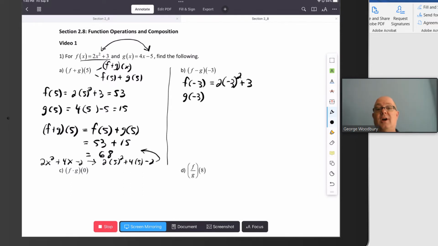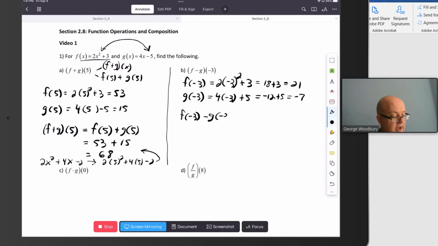That's 2 times 9, or 18, plus 3, which is 21. When I substitute negative 3 into g, that's 4 times negative 3 minus 5, or negative 12 minus 5. That is negative 17. So f of negative 3 minus g of negative 3 is 21 minus negative 7. That's the same as 21 plus 7, or 28.